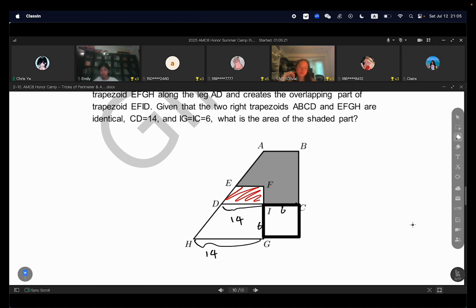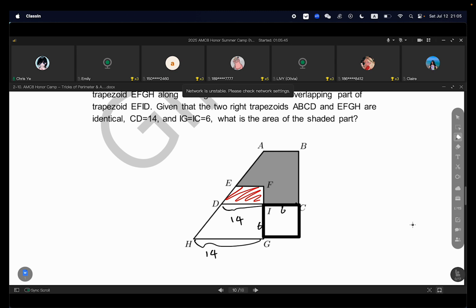The way we do this is that the area of the shaded part is going to be trapezoid ABCD minus trapezoid EFID. So this is what we want to get, right?